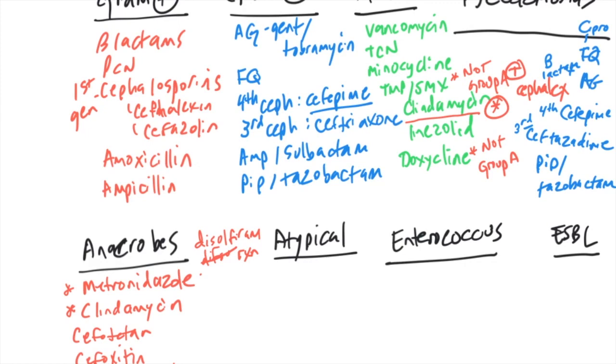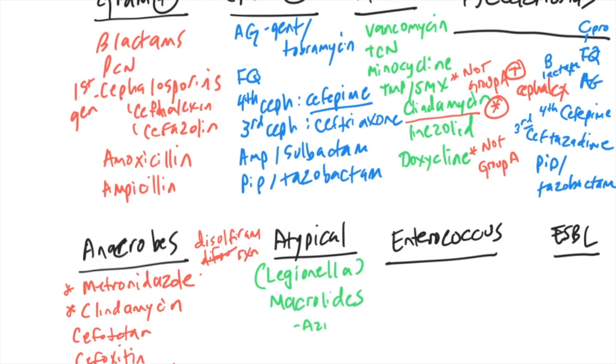Okay? Then moving on to atypical organisms. The conditions where you're going to hear people talk about atypical organisms would be like walking pneumonia. And in walking pneumonia, you're worried about Legionella. This is the organism you might be thinking about, right? And that was in the previous slide we talked about. And so here, your main go-to drugs are going to be macrolides.